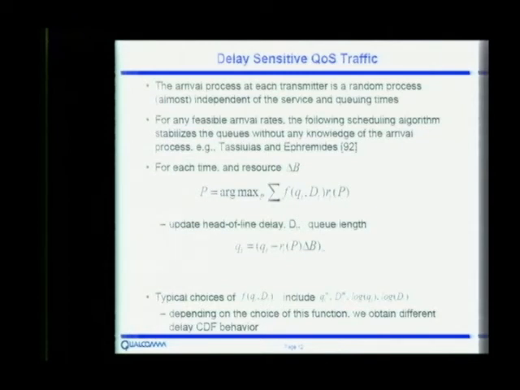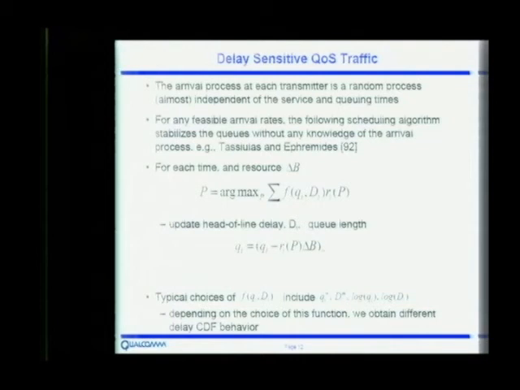What you're doing is essentially picking a power which maximizes this, a standard max rate. You do this over small resources each time, and you keep doing it iteratively and essentially stabilize the queues.